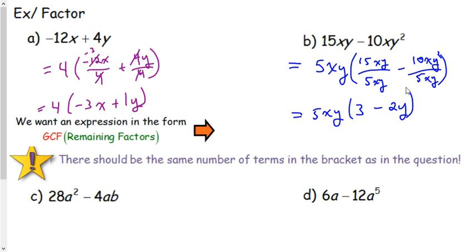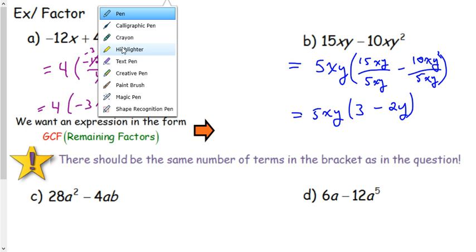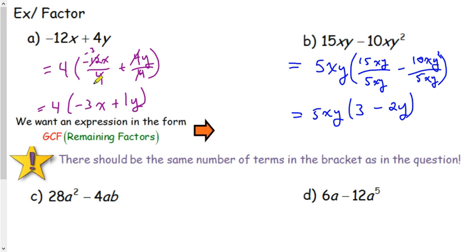Now, this little step I did inside the brackets, where I take the whole thing and divide it by the greatest common factor, we're actually going to get away from writing that whole thing because we want to be able to move a bit faster, and that gets really messy and time-consuming to write. I did that to make it clear what I was doing, for example, dividing by 4 because I had multiplied by 4 to even it out, and dividing by 5xy because I had multiplied by 5xy.